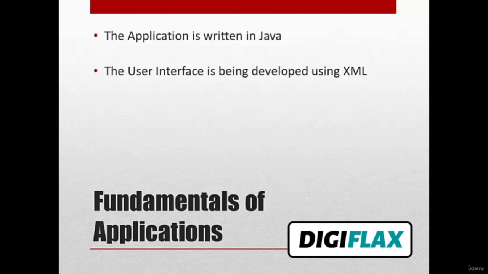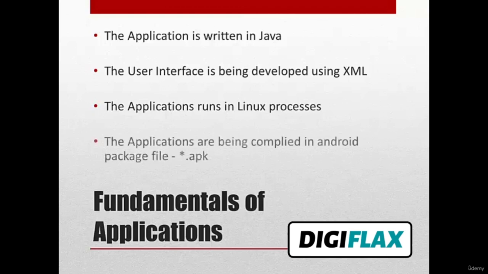XML is Extensible Markup Language. The application runs in Linux processes and their own sandbox, and the applications are being compiled into Android package files which are .apk files. So this was the tutorial upon some prerequisites and overview of Android application development.